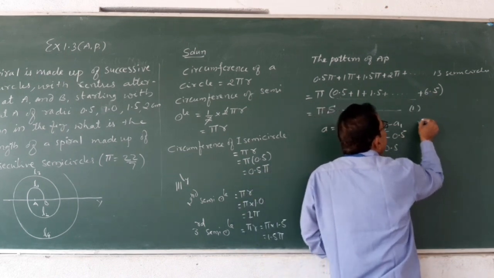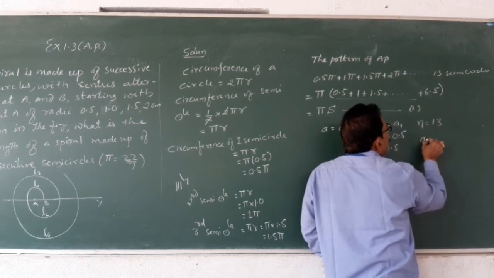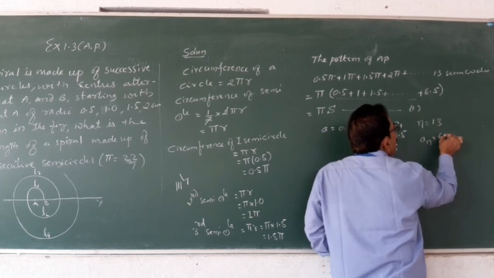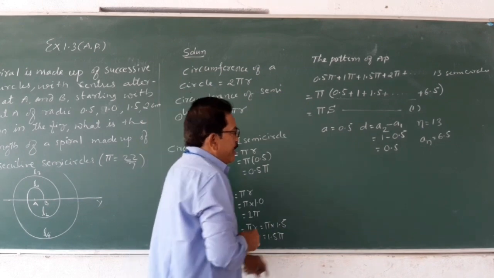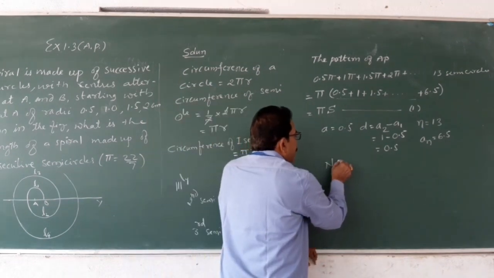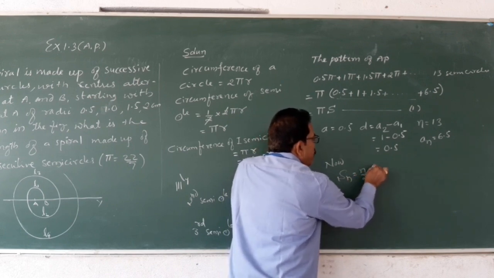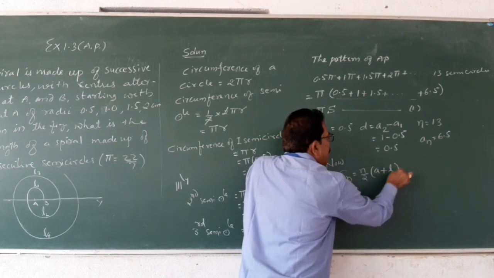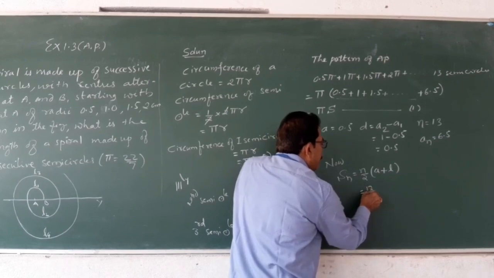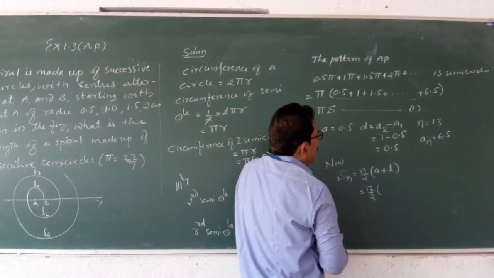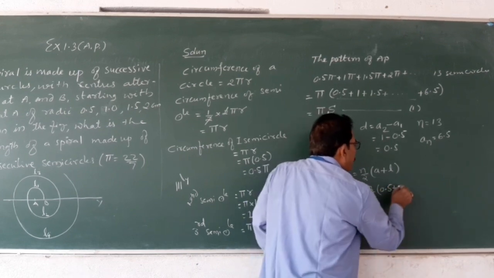Then n is 13, and the last term l is 6.5. Then we can apply Sn equals n by 2 in the bracket a plus l. N is 13, a equals 0.5 plus l 6.5.